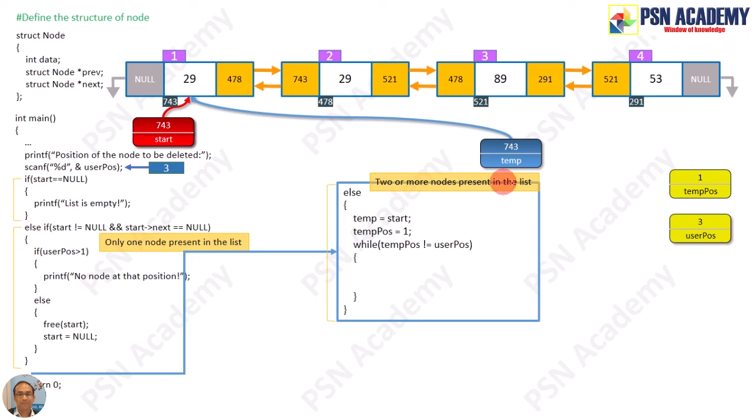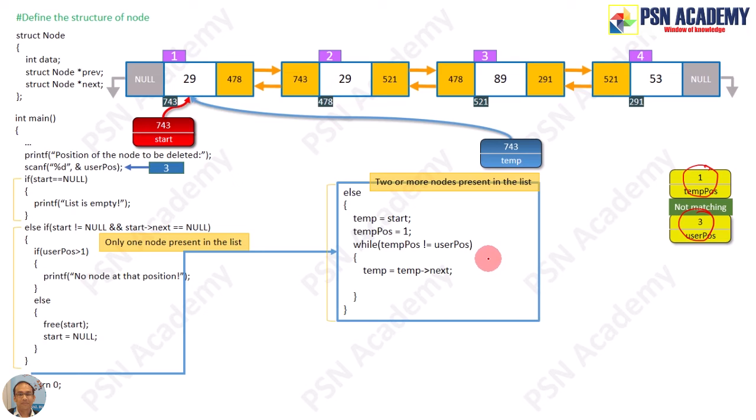At this moment, temp pos is 1 and user pos is 3. That means it's not matching. So, since it is not matching, we get a true result in the while loop, and we get inside the while loop and write temp equal to temp next.